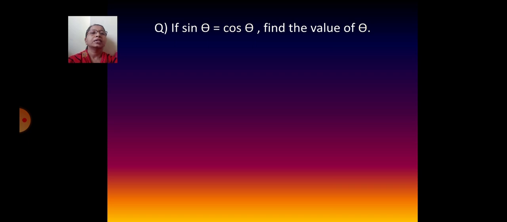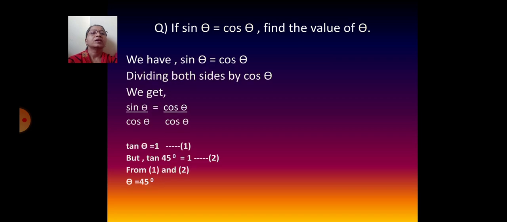If sin theta is equal to cos theta, then find the value of theta. So we have sin theta is equal to cos theta, dividing both sides by cos theta, so you will get sin theta upon cos theta is equal to cos theta upon cos theta.